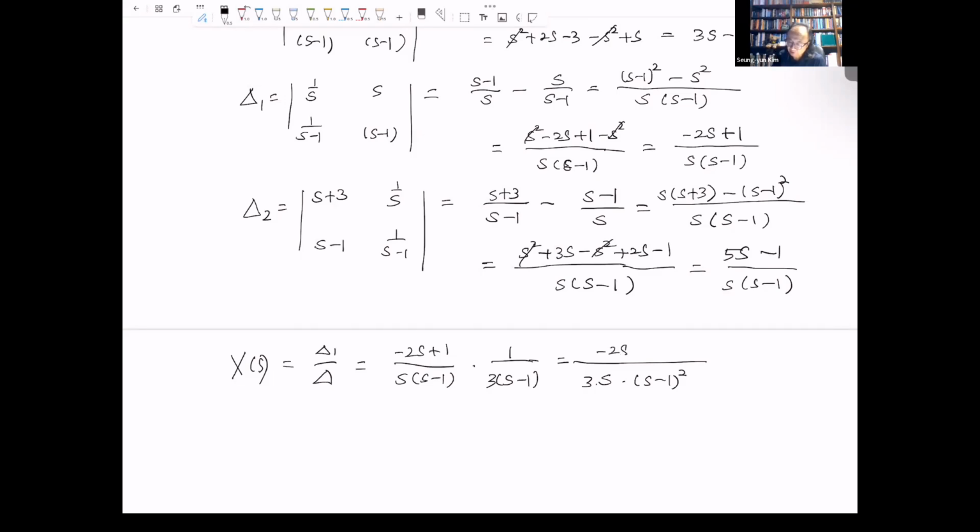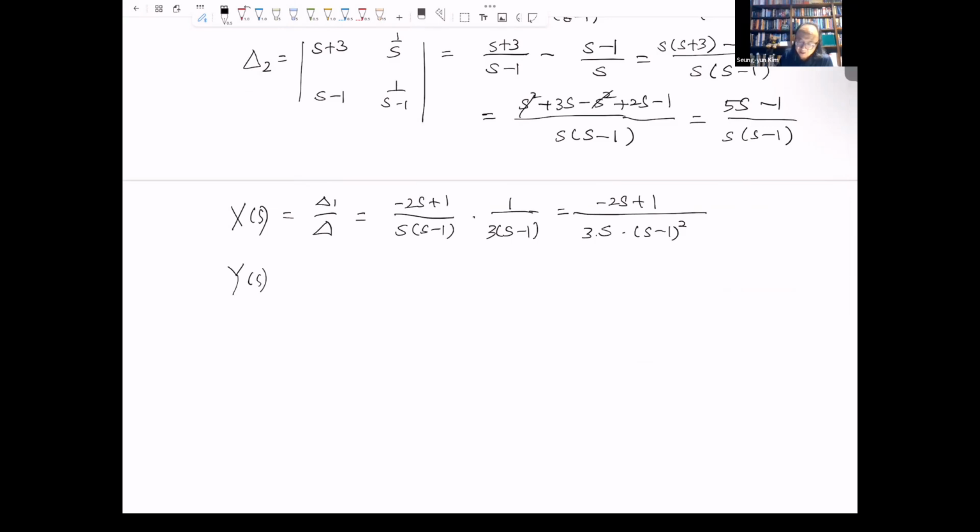Numerator, negative 2s plus 1. And Y of s, Δ2 over Δ. So Δ2, 5s minus 1 over s minus 1.